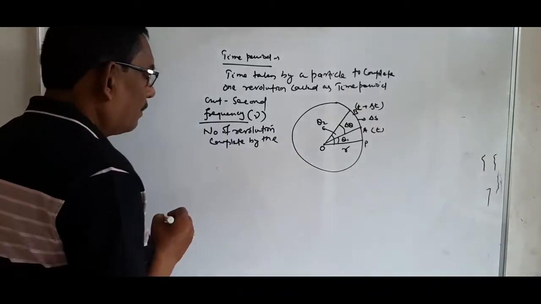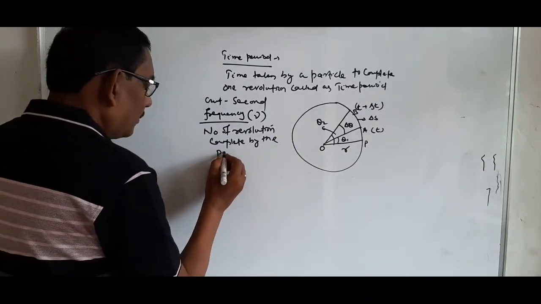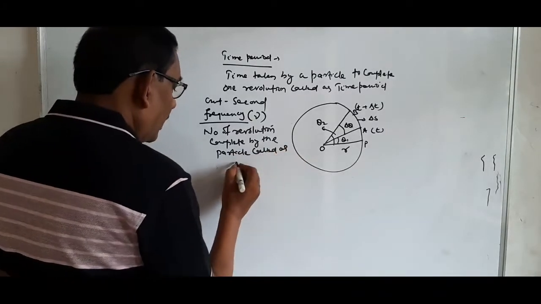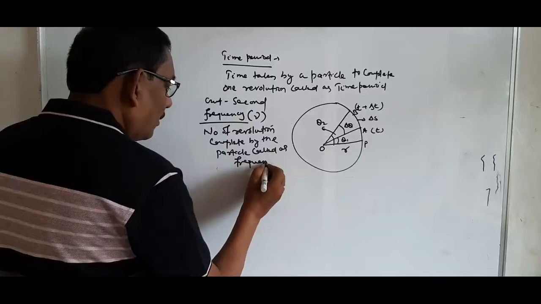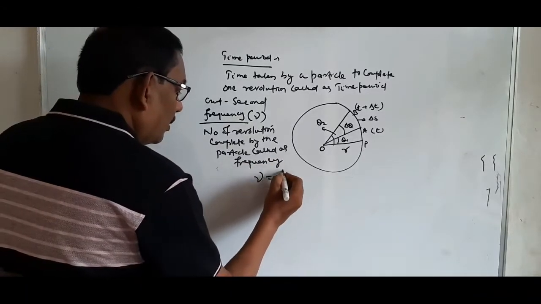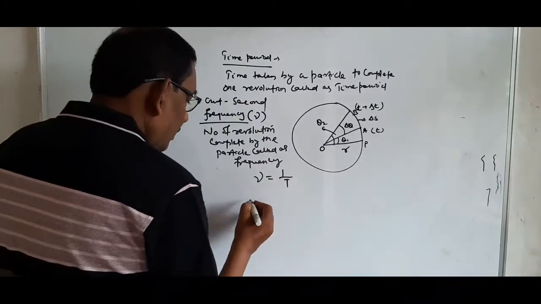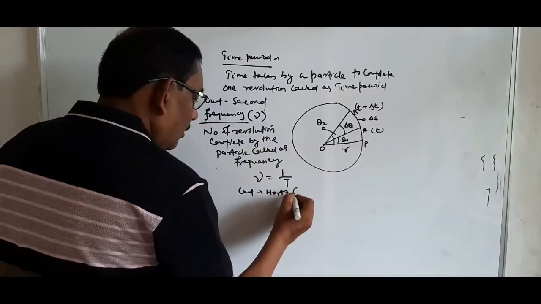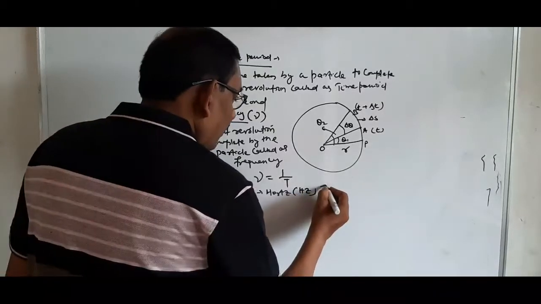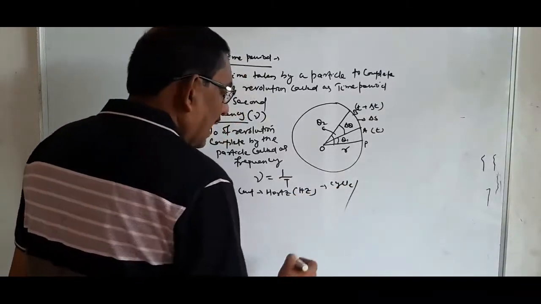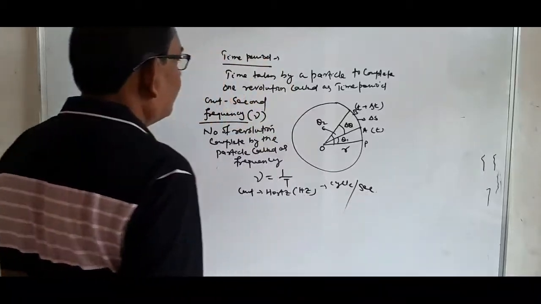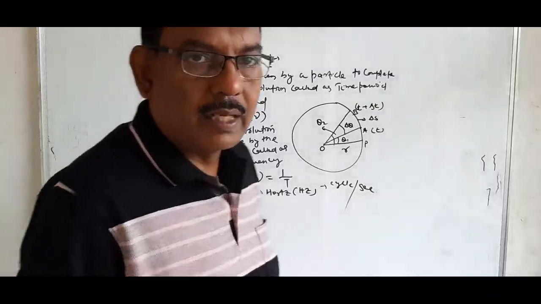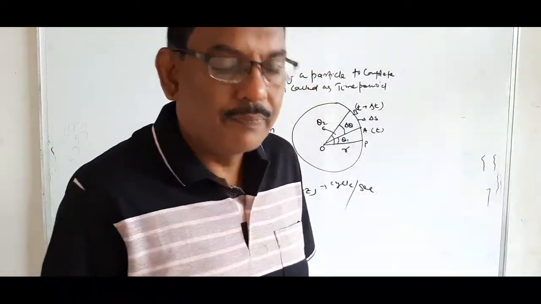The number of revolutions completed by the particle per second is called frequency. Nu is equal to 1 by T. Unit is hertz. It means the number of cycles per second. Okay. So these are the definitions of angular velocity, angular displacement, angular acceleration, time period, and frequency.